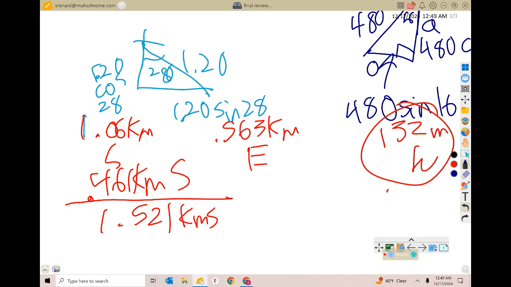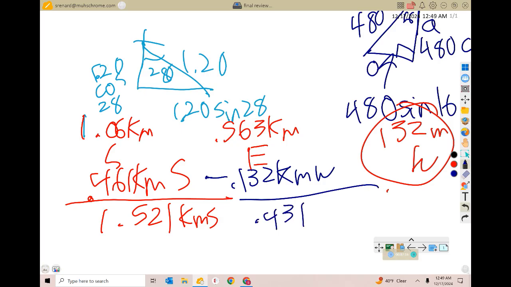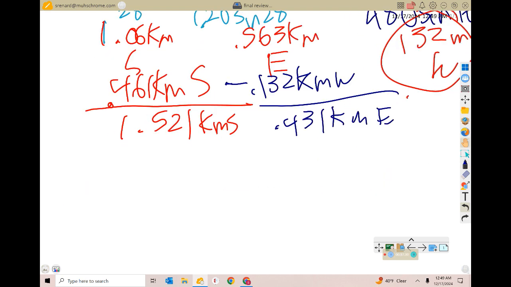So what we're going to do is subtract 0.132 kilometers west, and we're going to get 0.431 kilometers to the east. Because we went south both times, we add those together. Because we went east one time and west the second time, we're going to subtract those.